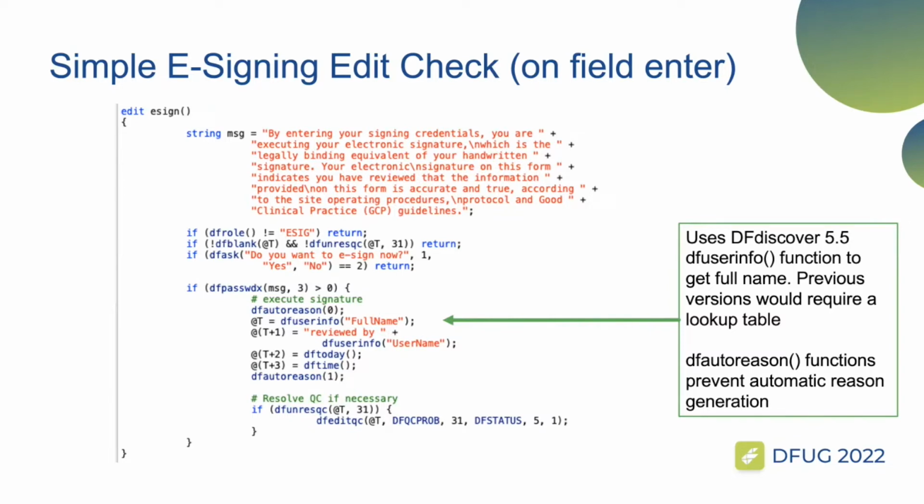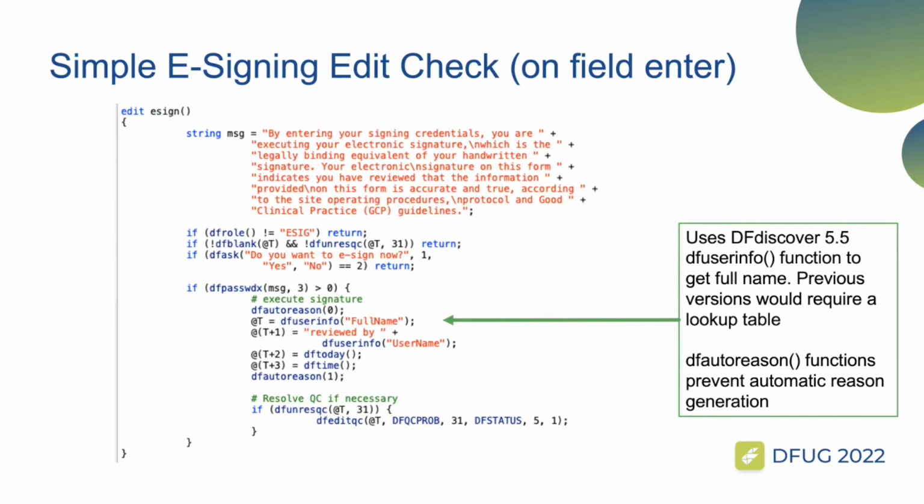There's df auto reason 0 and df auto reason 1. I've put that in because otherwise, if you change those fields, then they will turn green because the edit check will automatically put a reason on it. By turning off the automatic reasons, then they don't get all those reasons added unnecessarily.